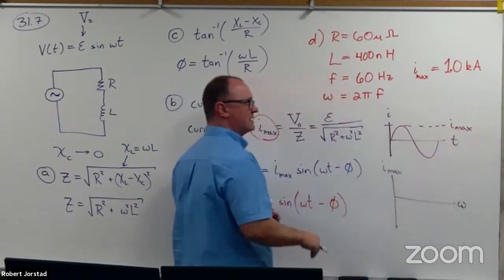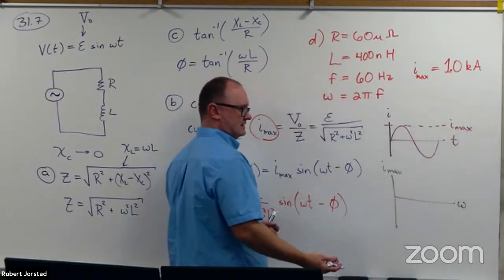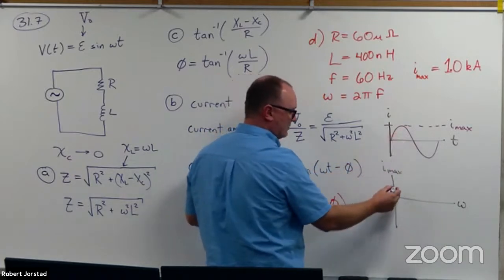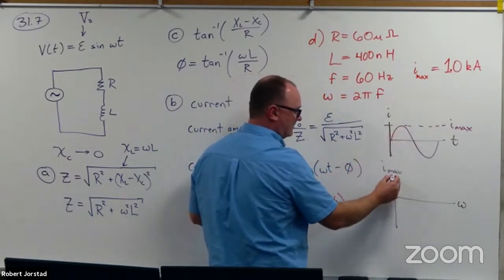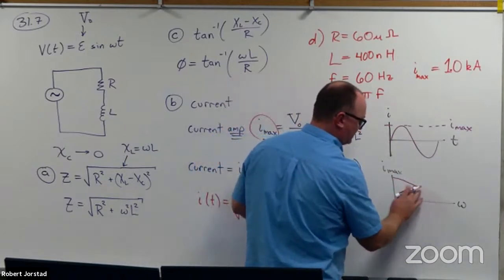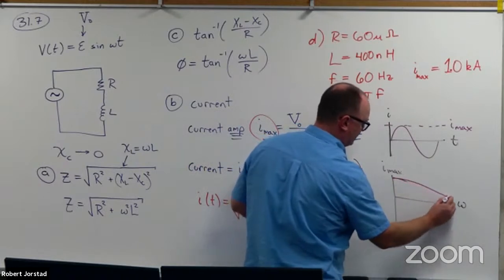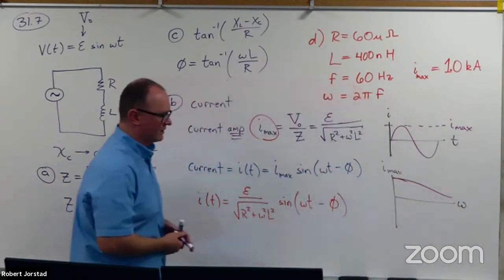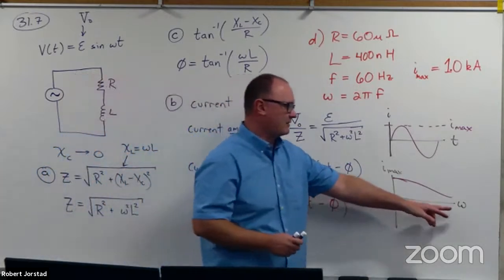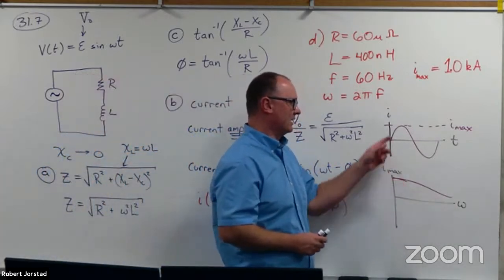And if you use different frequencies, if you operate at different values of omega, you get different values of this. And so we saw in this case, the current would kind of fall off. And I think it started doing this kind of shape. It starts drifting towards 0. So again, choosing your frequency will affect the amplitude of this sine wave.